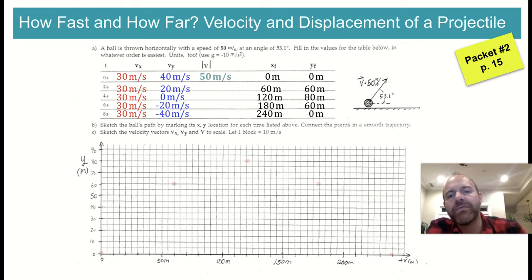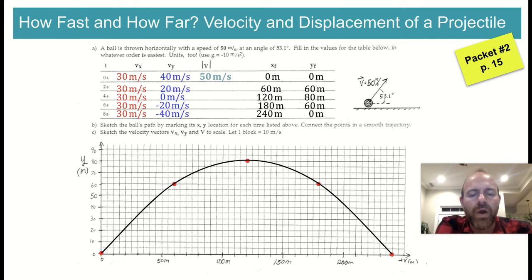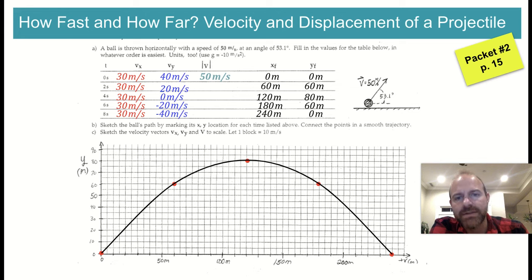The last thing to solve for is looking at the position and drawing in an arc. It's a parabolic shape, as we would expect. And then we can figure out the velocities. After 2 seconds, it's slowed down, so it's only traveling at 36 meters per second in total. At the top, it's going 30 meters per second only, then back to 36, and finally to 50.